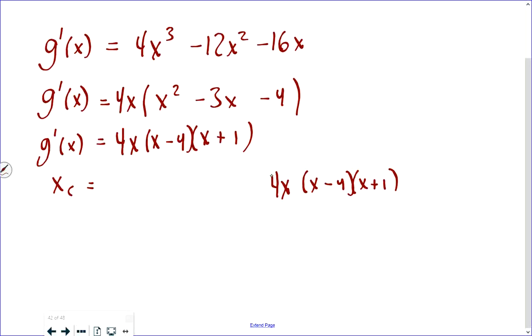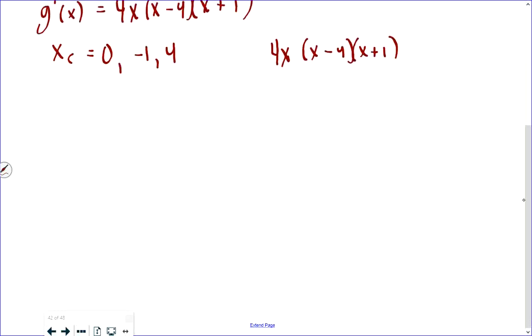I shouldn't say the derivative changes there. What I should say is the derivative has a unique value there. 0, or it turns out undefined. Hope everybody would agree those are the 3 zeros. So we imagine taking the line from negative infinity to infinity, and we take a mathematical knife, and we slice it at x equals 0, and we slice it at x equals negative 1, and at x equals 4.